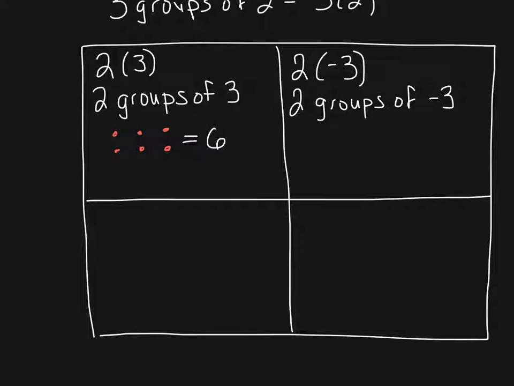So when we look at that, negative 3 is, we use anchors, so that means I have 2 groups of 3 anchors, which then gives us a value of negative 6 because we have, as you can see, 6 anchors. Most people can reason those two out.